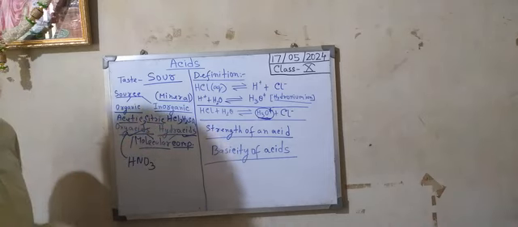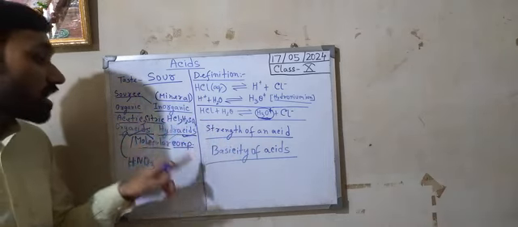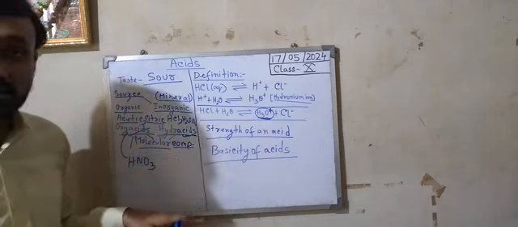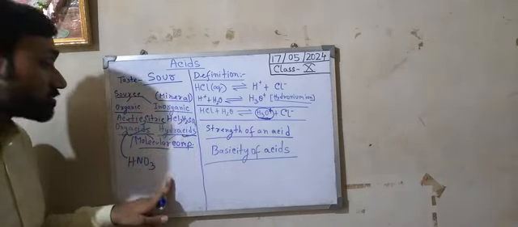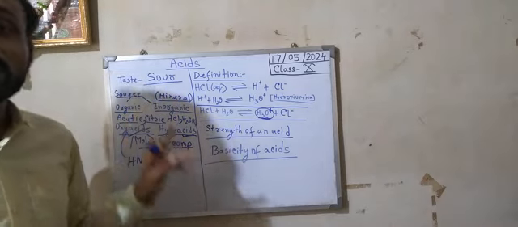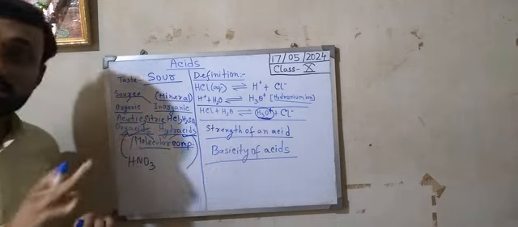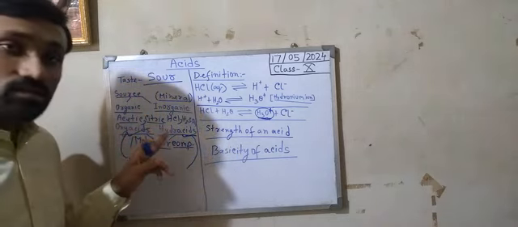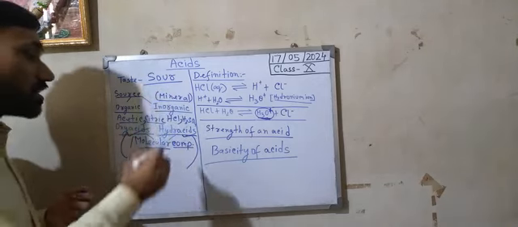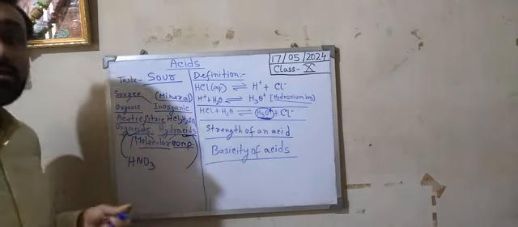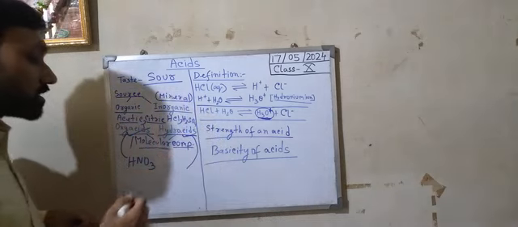Now we move on to hydracids. Hydracids are acids which contain hydrogen and another non-metallic element but not oxygen. That means in hydracids, oxygen is not present. From the name itself we can understand hydrogen is there, and along with hydrogen, other non-metallic elements are there.